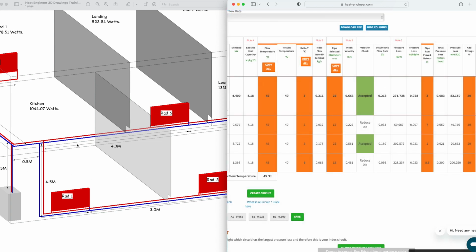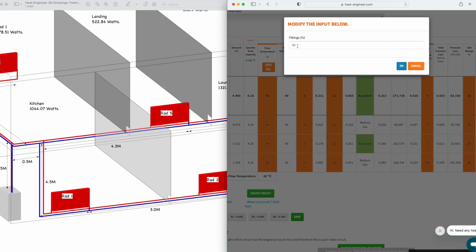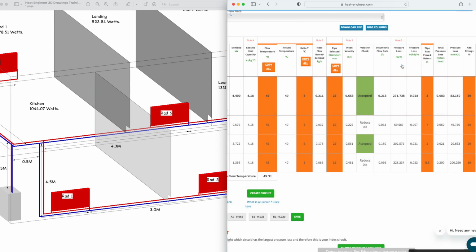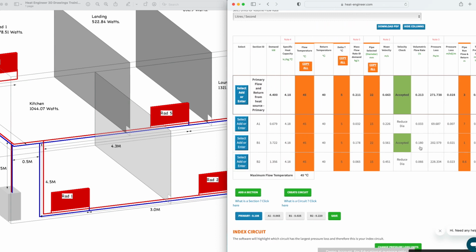And how many changes of direction have we got? Well, there's nothing through that T piece, that's just straight through. But there's one going up into the radiator there. So again, we beat the CIBSE guidance, or we try to. I'm not saying CIBSE are wrong, they're just covering the whole thing. So we've just got 10%, one change of direction. So we're now saving even more energy, is the point.